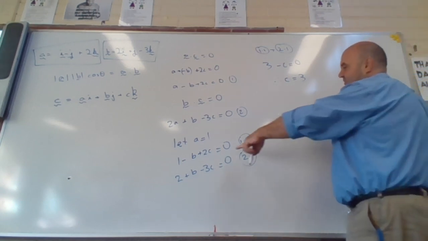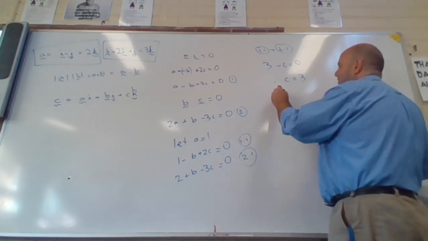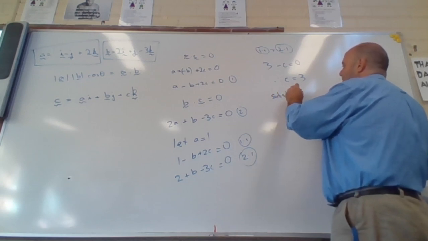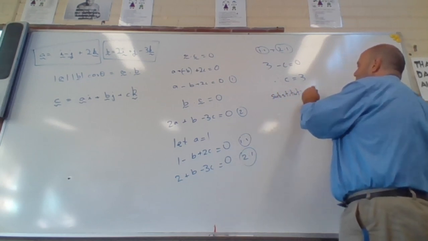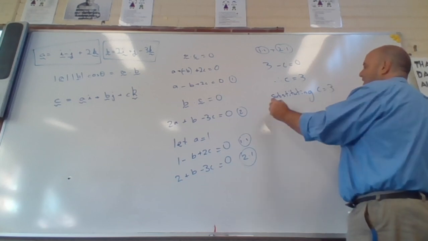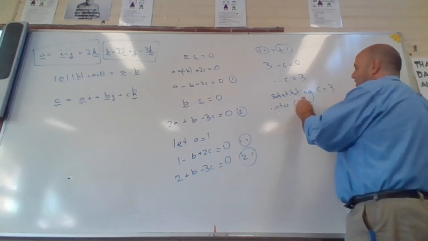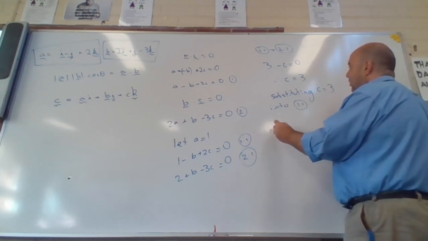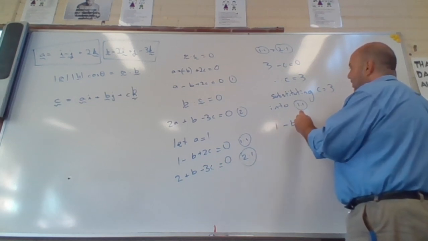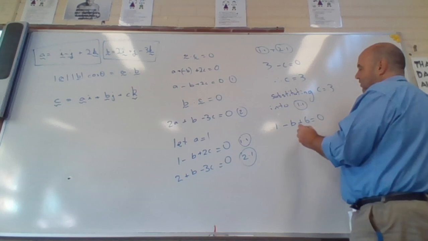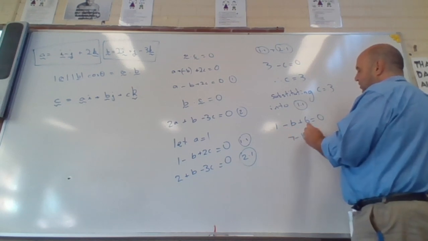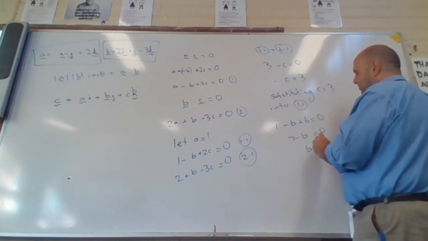Just very simply substituting C equals 3 into equation 1.1 gives us 1 minus B plus 6 equals 0. So 7 minus B equals 0. So in other words, B equals 7.